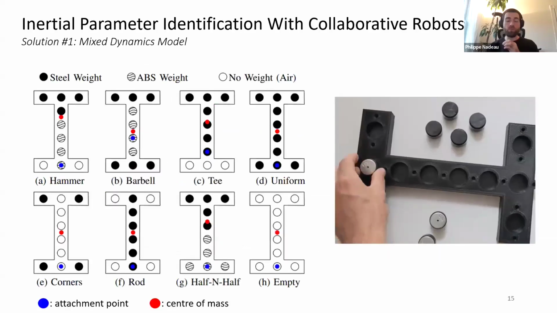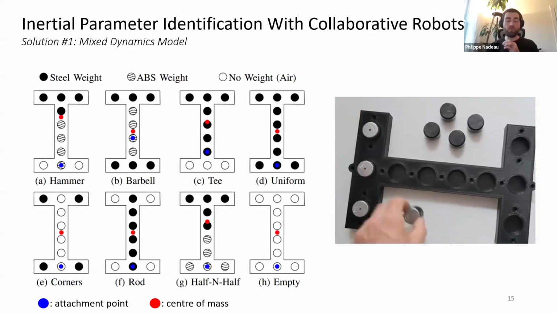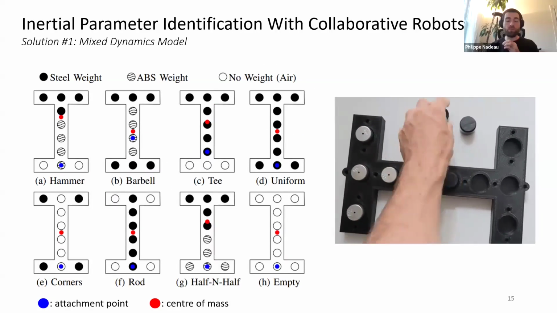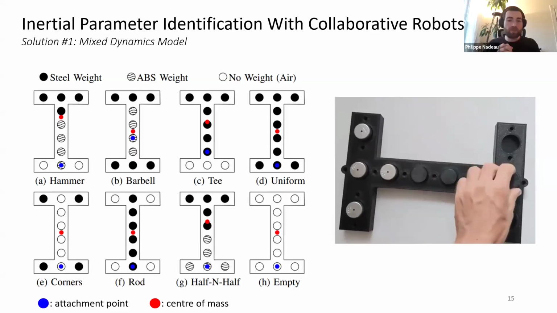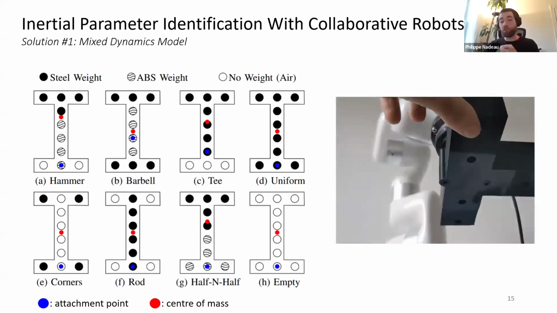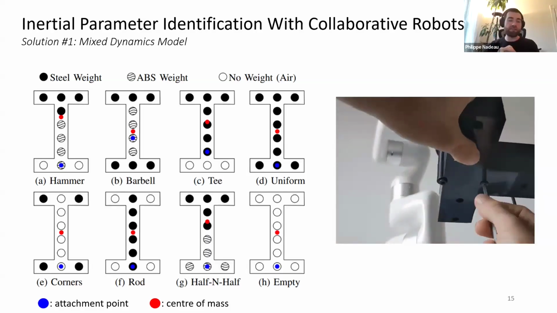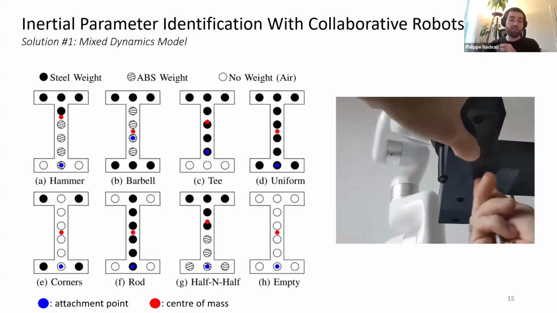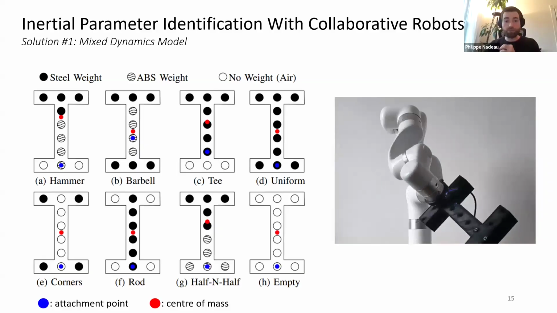So in this work, performing experiments with real robots and real objects can be challenging because we need ground truth values for the inertial parameters of the objects, but these cannot necessarily be easily measured.